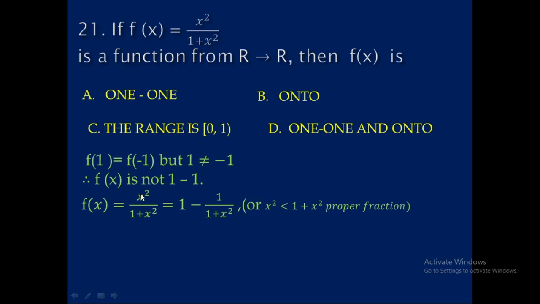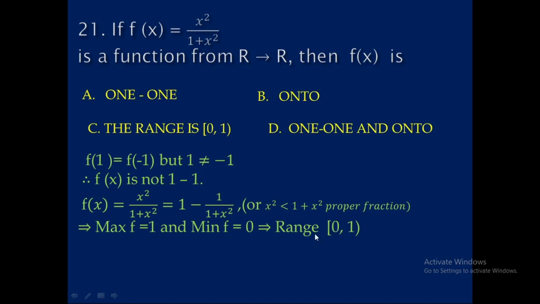Or rewrite this function by adding and subtracting 1 in the numerator: 1 plus x square is greater than 1, therefore 1 divided by 1 plus x square is always less than 1, and subtracting from 1, it is clear? It is less than 1. The minimum value is 0, by putting x equal to 0, and the maximum value is 1.